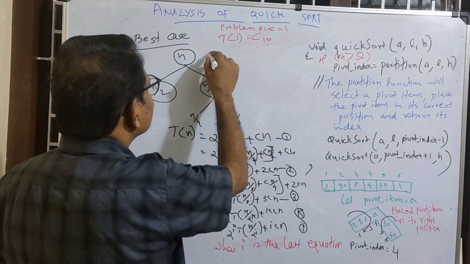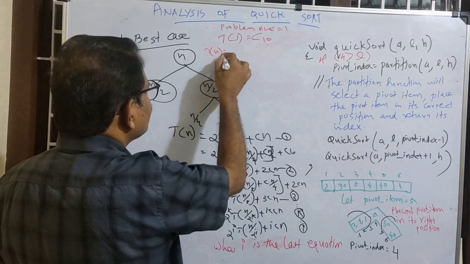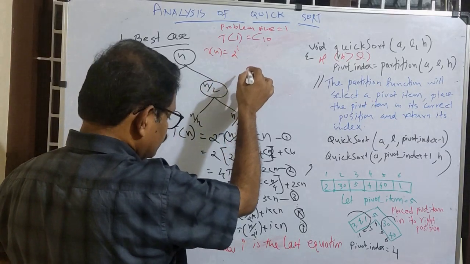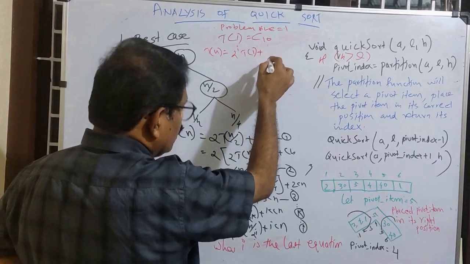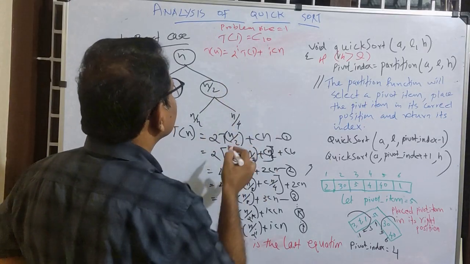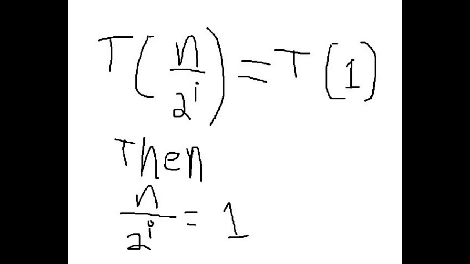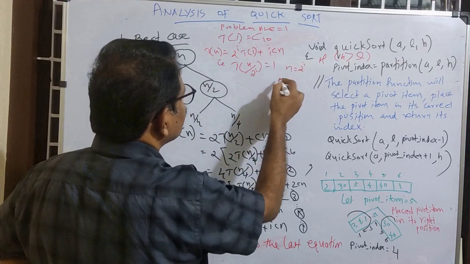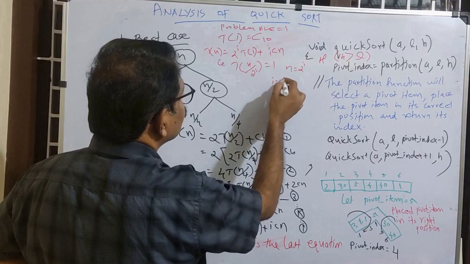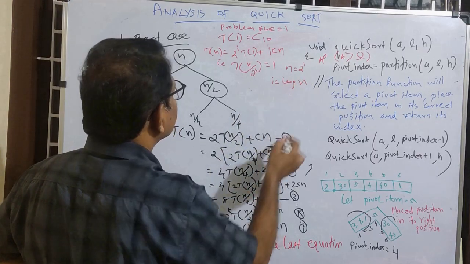Our T of n will be 2 raised to i T of 1 plus iCn. Here n equals 2 raised to i, so i is equal to log n.